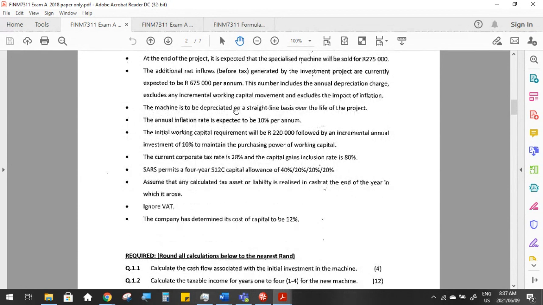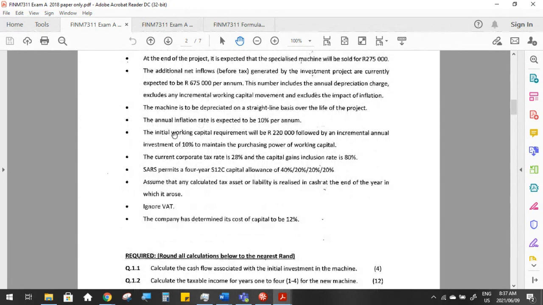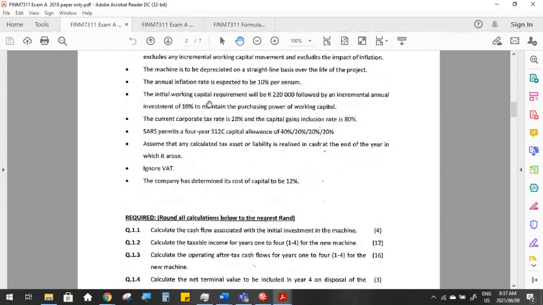The machine is to be depreciated straight line basis over the life of the project. So make sure you know what the life of the project is, so you do that calculation correctly. Annual inflation is 10% over the life of the project.